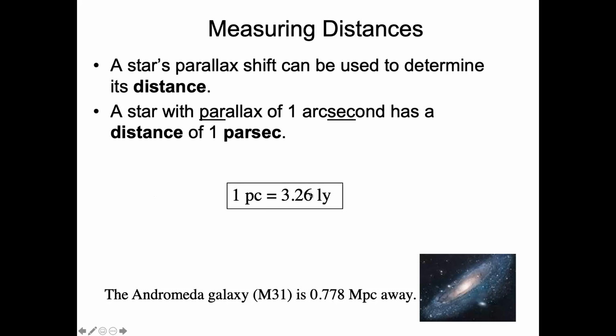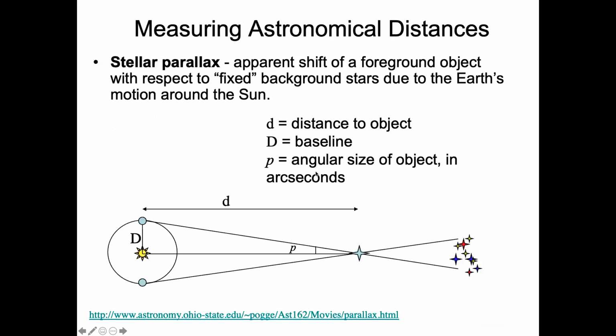A parsec is equivalent to about 3.26 light years, which means a parsec is very big. Now, to measure the distance to objects, we're looking for parallax. Remember, that was the thing that the ancient Greeks were not able to detect way back when they were deciding whether or not the solar system was heliocentric or geocentric.